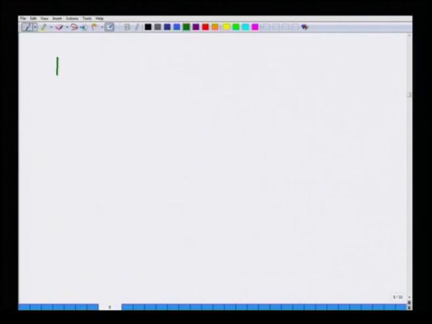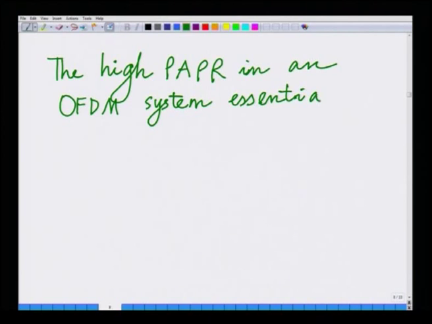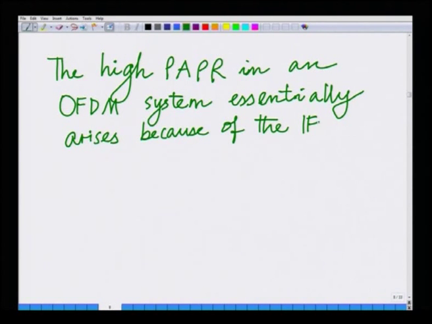Hence, the high PAPR in an OFDM system essentially arises because of the IFFT operation, where data symbols across different subcarriers can add up to produce a high peak value signal.